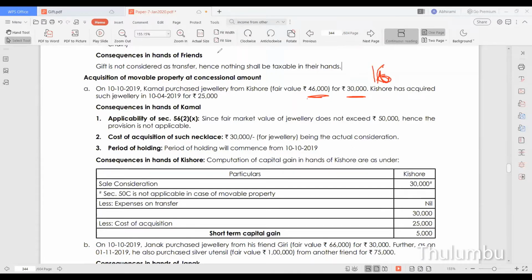Since this amount is not greater than 50,000, it is not taxable as income from other sources. So whenever there is a consideration, you need to find out the difference. If there is no consideration, the entire 46,000 will be taxed if it exceeds 50,000.